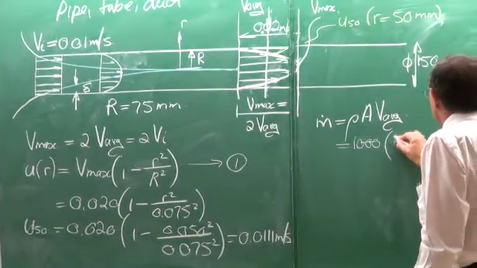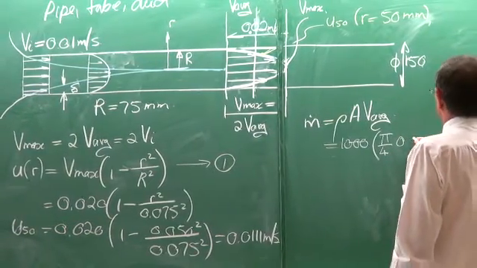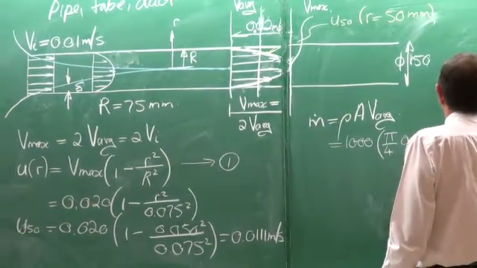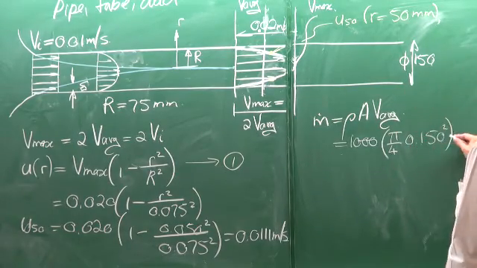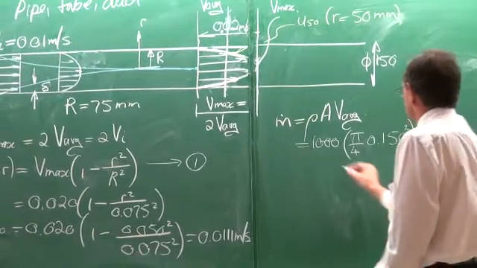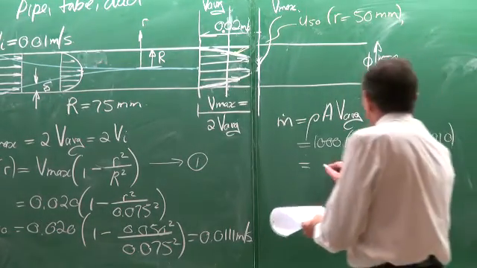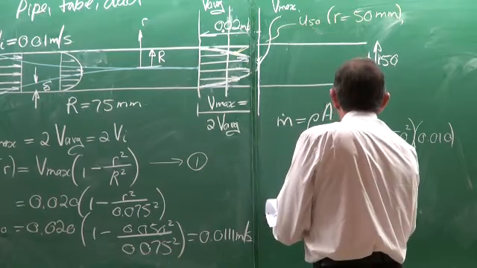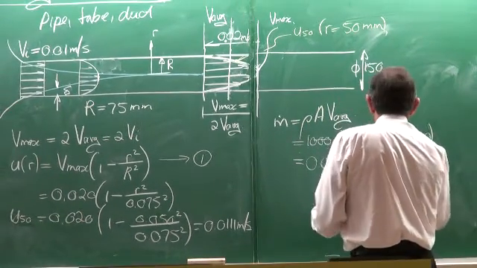Multiplied by the cross-sectional area, pi divided by 4, 0.150 squared, multiplied by the average velocity, which is equal to 0.01. And the result is a mass flow rate of 0.01767 kilograms per second.